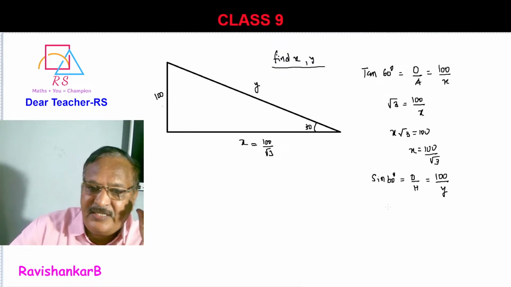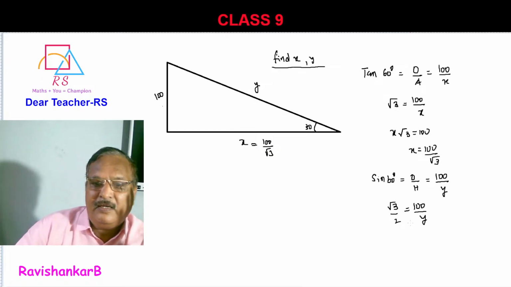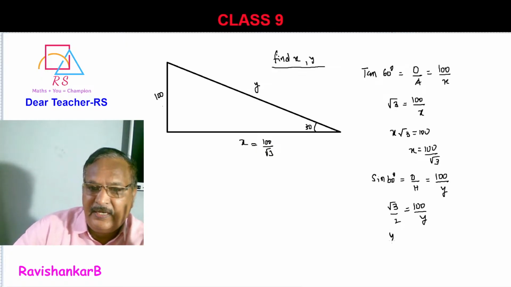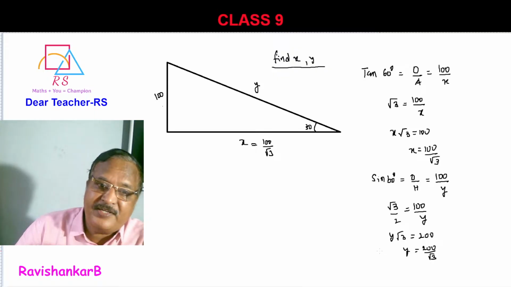So sine 60 is root 3 by 2, equal to 100 upon y. So y root 3 is equal to 200, by cross multiplication, and y is equal to 200 by root 3. This is how you have to apply trigonometry.